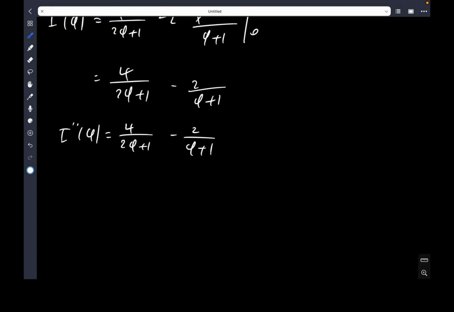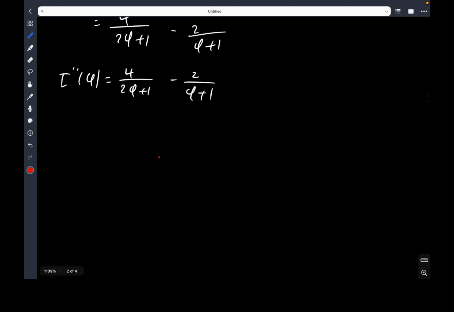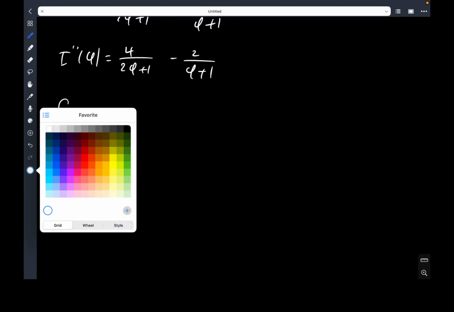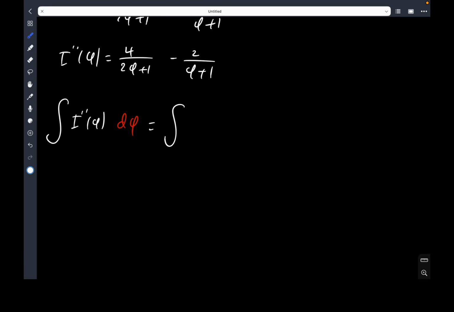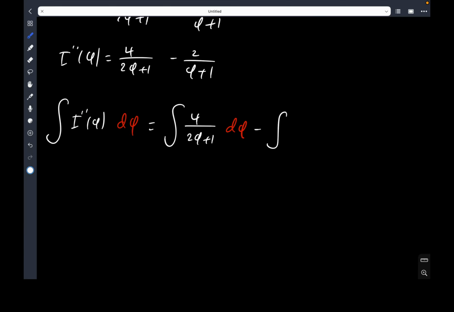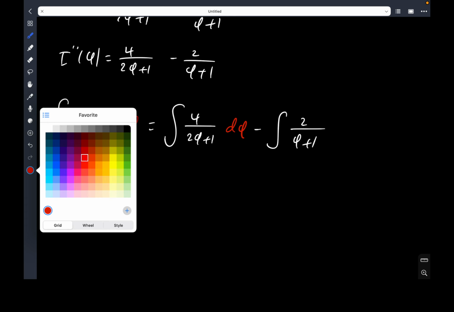Now, here I can integrate. I'm going to integrate the whole thing with respect to phi. The integral of I double prime of phi with respect to phi is equal to the integral of 4 over 2 phi plus 1, again with respect to phi, minus the integral of 2 over phi plus 1, again with respect to phi.